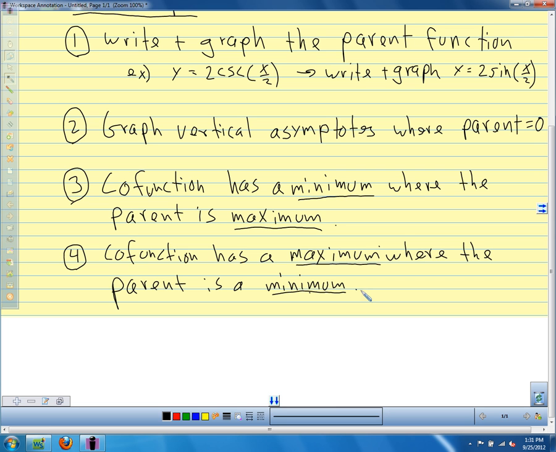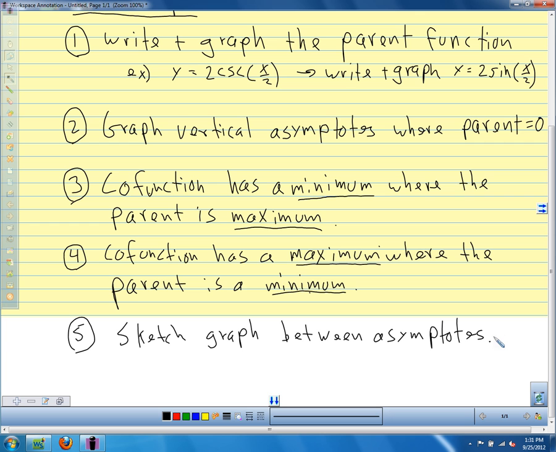And finally, we sketch our graph. So we can graph the minimum and maximum of our cofunction, and then we just sketch our graph between the asymptotes. So those are our steps for graphing the cofunction.